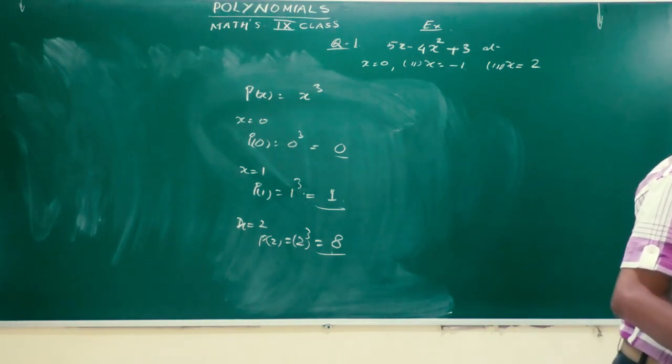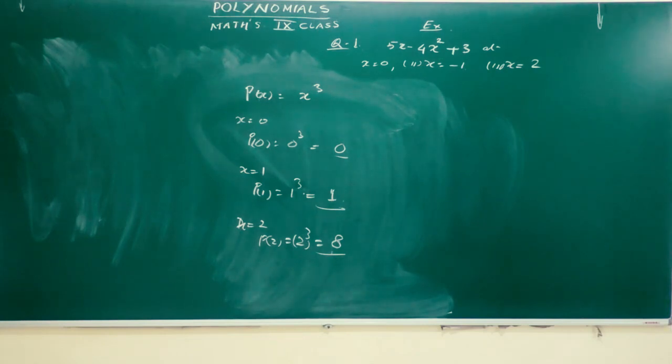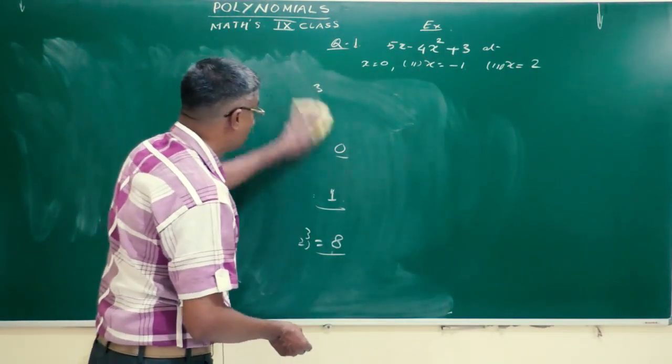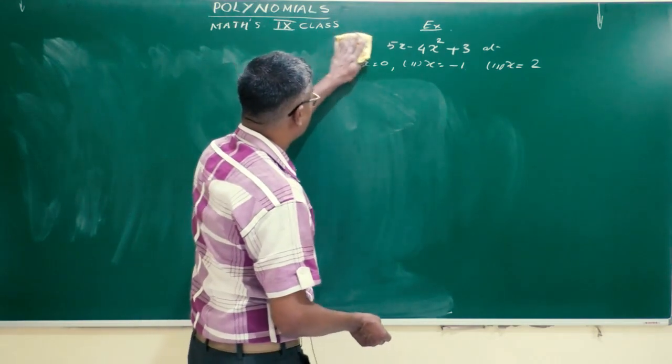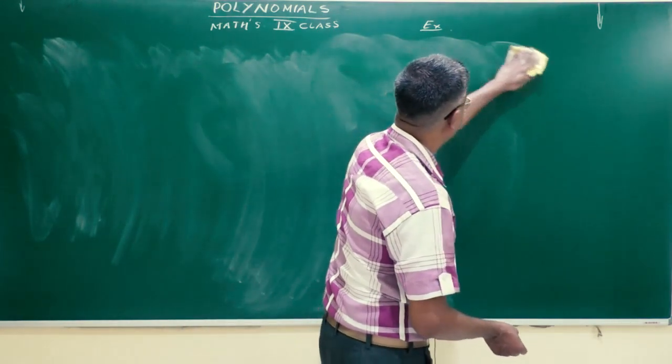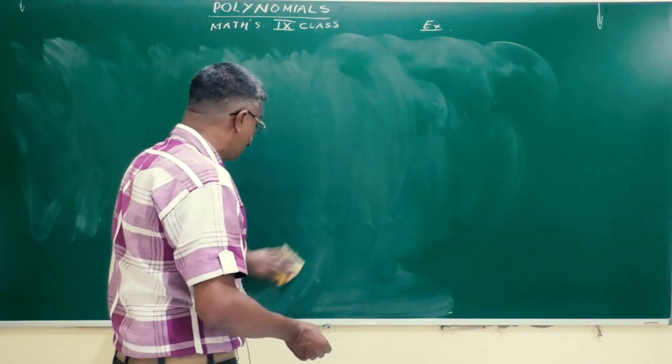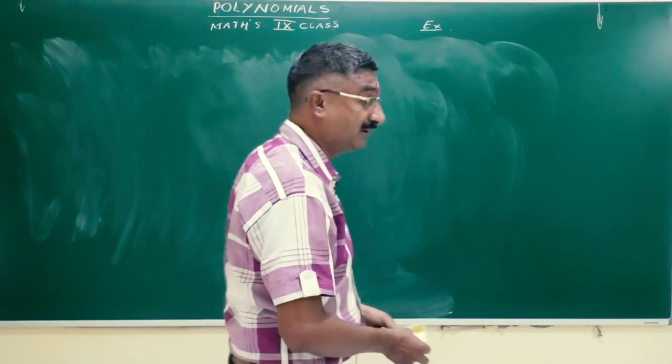Question number 3. Verify whether the following are zeros of the polynomial indicated against them. Okay, we have to verify, which means we have to substitute the value of the variable, and if the value comes out equal to 0, that means it is a zero of the polynomial.